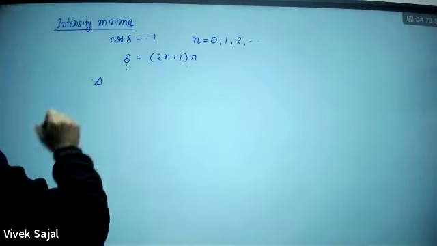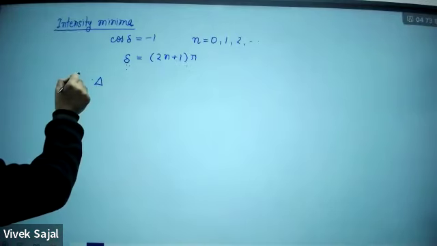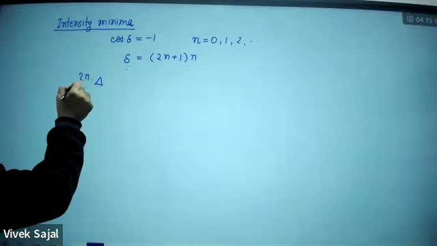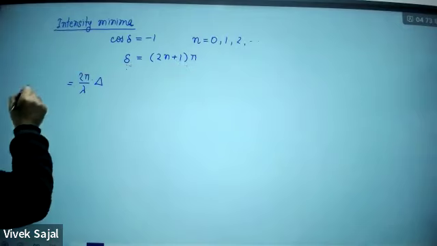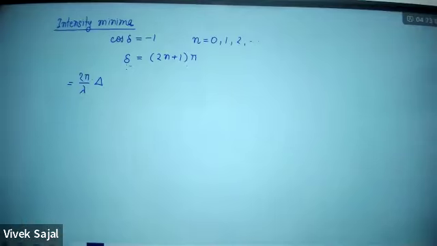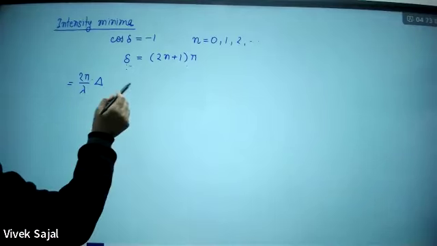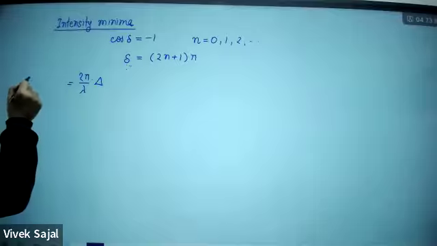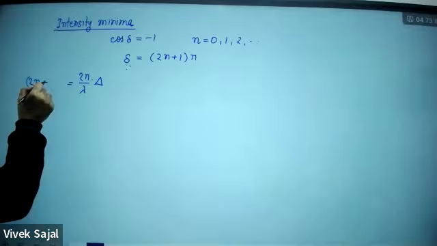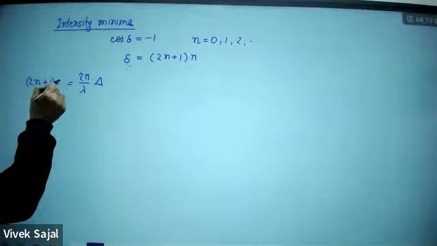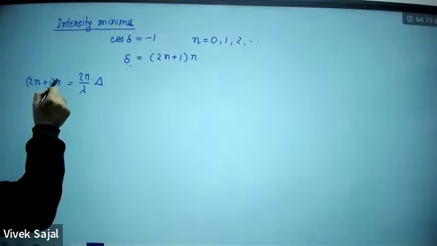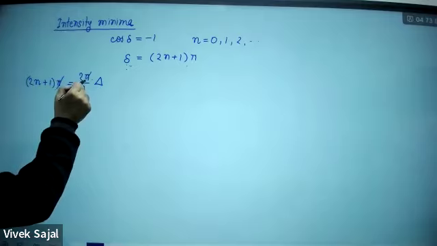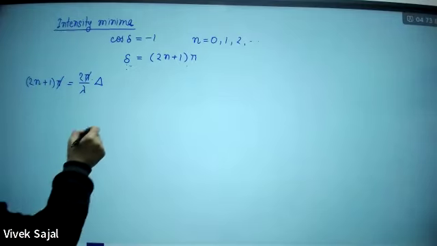So the path difference, suppose delta, multiplied by 2 pi by lambda, will be equal to the phase difference. The phase difference here is (2n plus 1) pi, so this pi is going to cancel out.